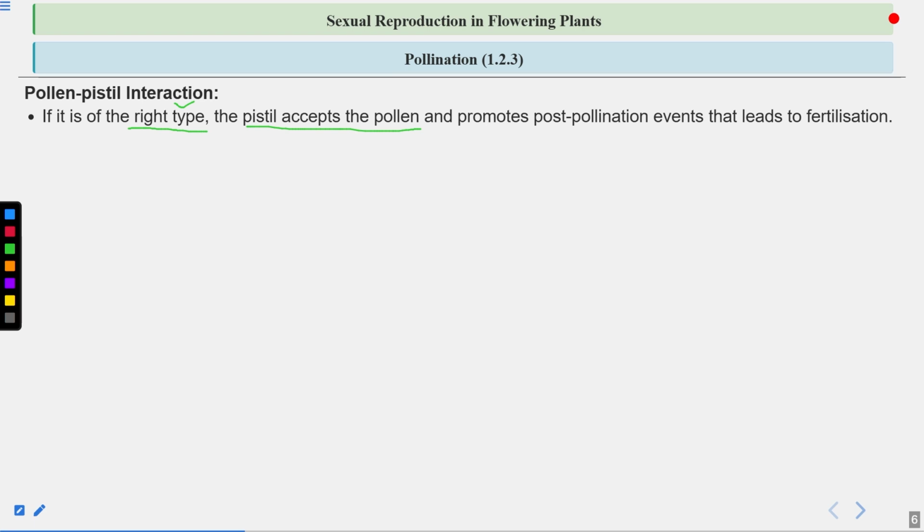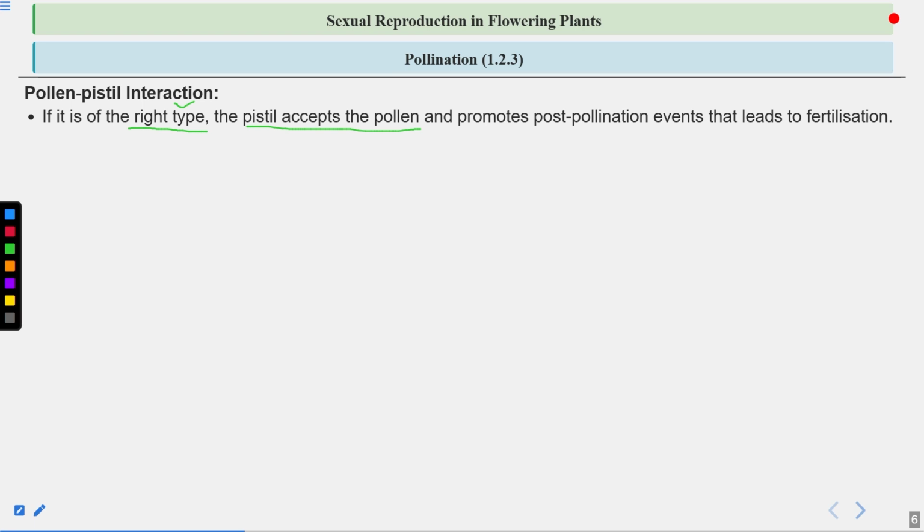Can pollen and egg of two different species fertilize? No. This was one of the conditions. Wrong type is of two kinds. The first is that the pollen is of a different species. Second, if they are of the same species, they should still have different alleles, S1 and S2.